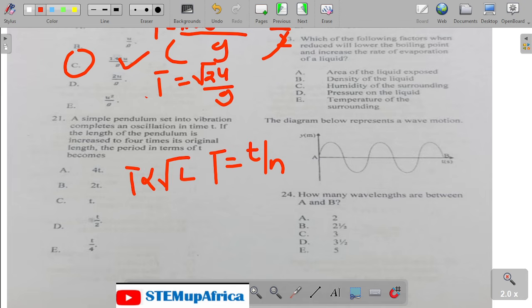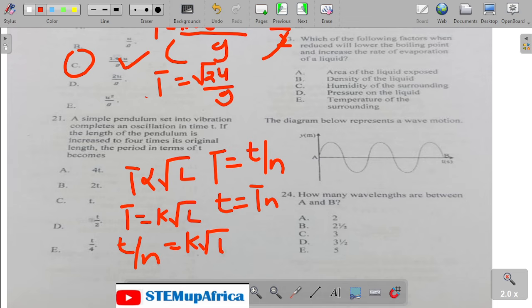So my time now is T, and my T here will be k root L, for instance. So I'm having T over n equals k root L. Let's call this equation 1.